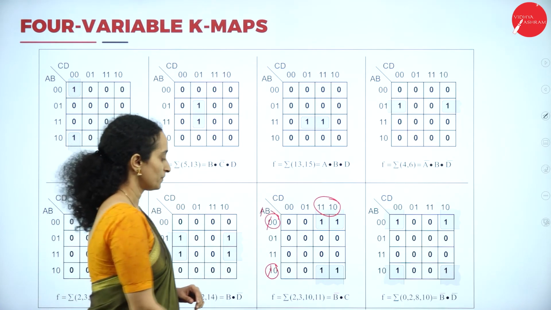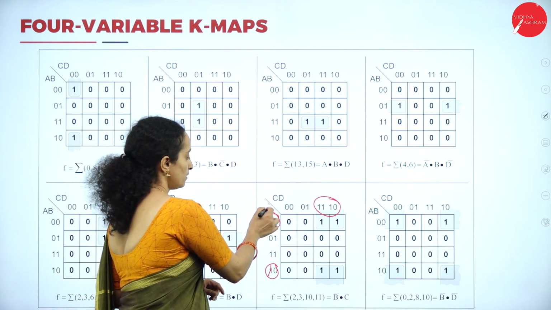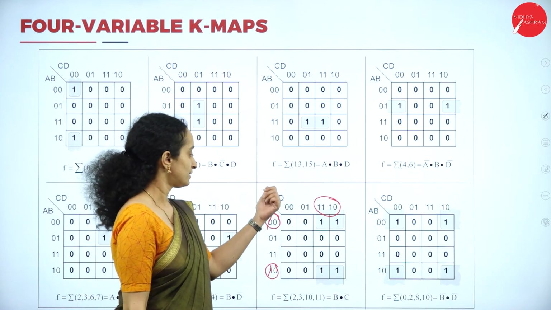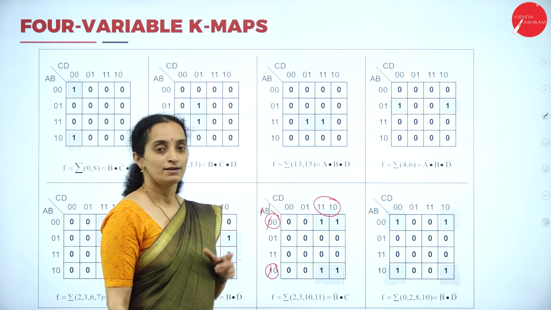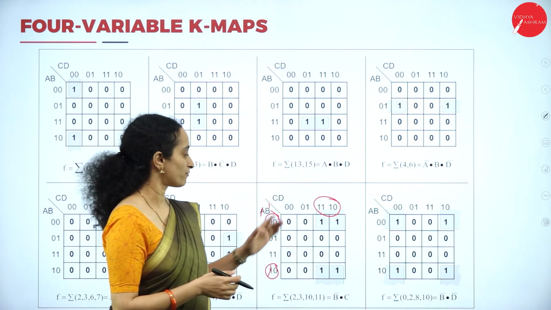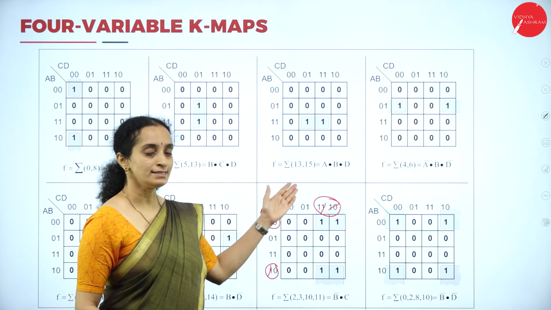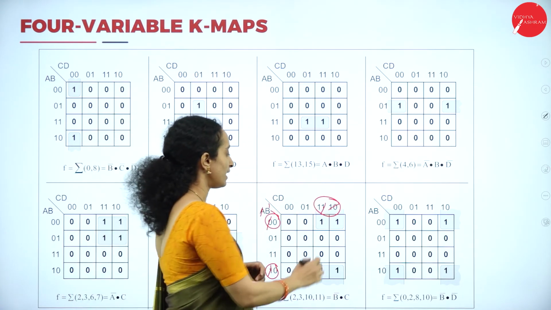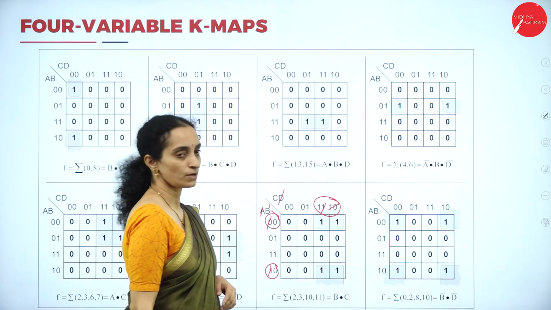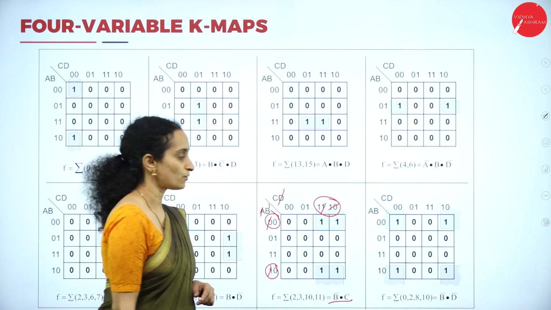You don't have A. Now, B is there in the complement form. We have B dash. Here, C is there, which is not changing the state and is in the non-complement form. C remains as it is. Whereas, D is changing the state 1 and 0. D will be ignored. Okay. Final expression is B dash into C.